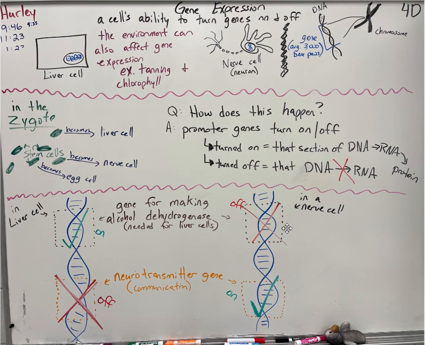So we see these gene expressions, and the takeaway is: your DNA in all of your cells has the information needed to make all other cells in your body, but it does not make all the other cells. It made that specific cell. The nerve cell turns certain genes on and certain genes off, and then it makes the proteins needed to accomplish that task.